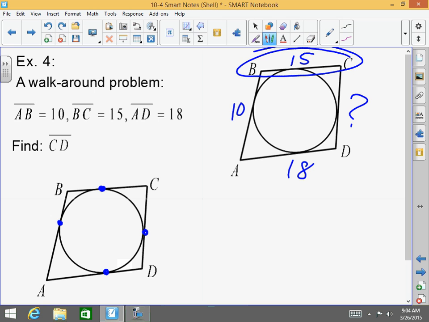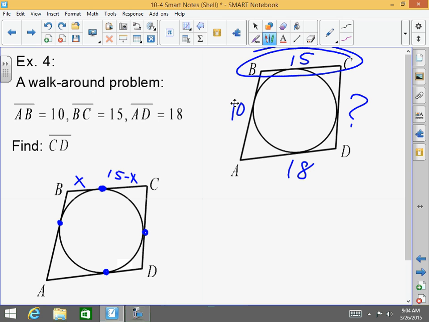Who said that that's the midpoint? You don't know that. So what can we call that? X. Now, pay attention. If that's X and the whole thing is 15, what is this point of tangency to C? 15 minus X. Beautiful.